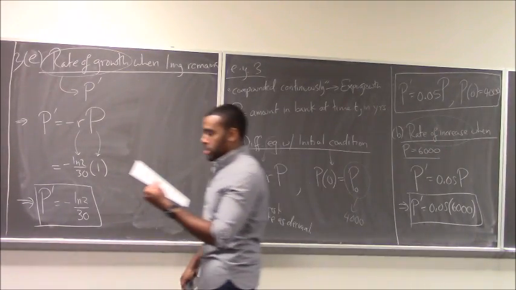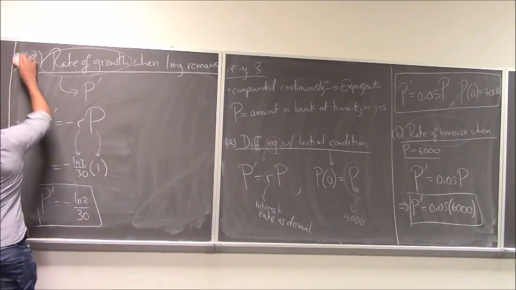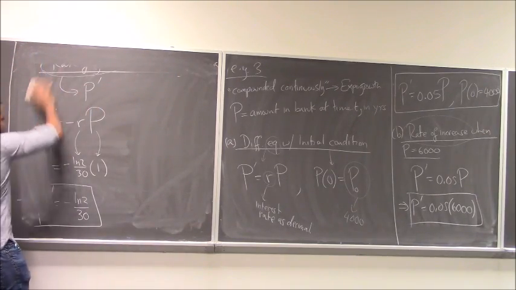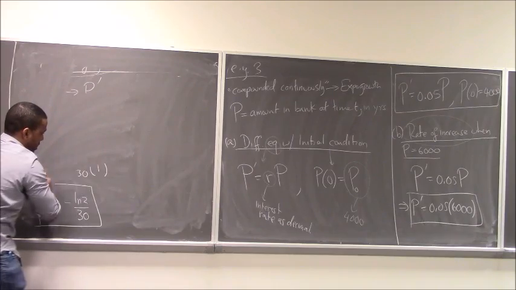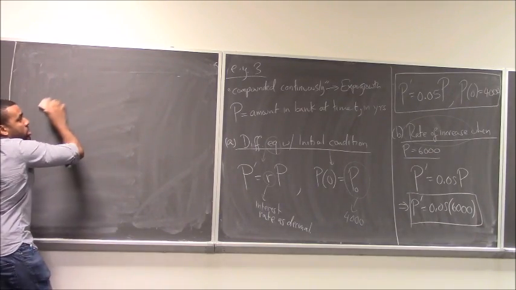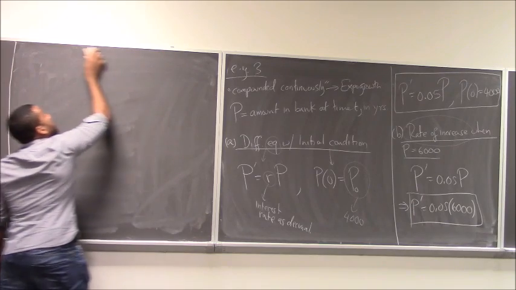How long will it take the principal to reach 5,000? You deposit $4,000 into this bank that's paying 5% interest, compounded continuously. How long before you have $5,000 in the bank?